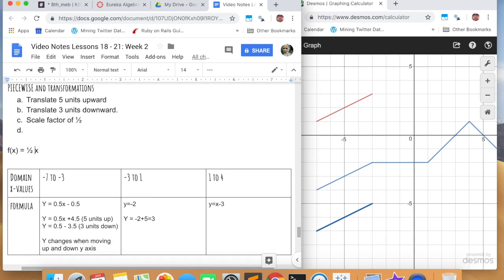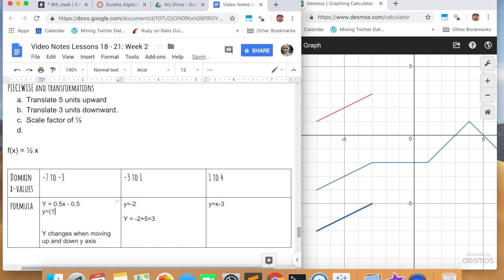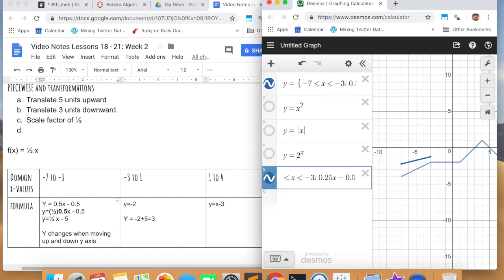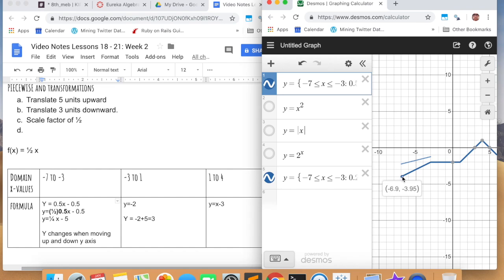So in this case, 1/2 times 1/2 gives your new slope of 1/4. And that, of course, is a lot smaller. So you will see the slope change because we went from a slope of 1/2 to a slope of 1/4.